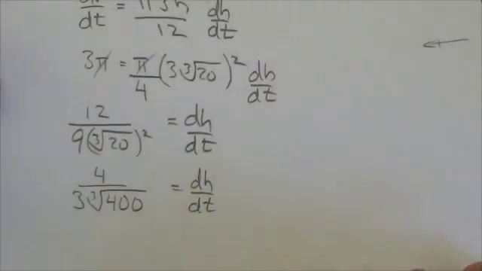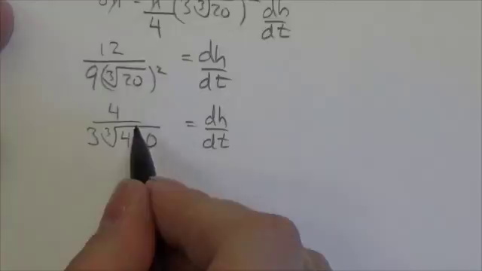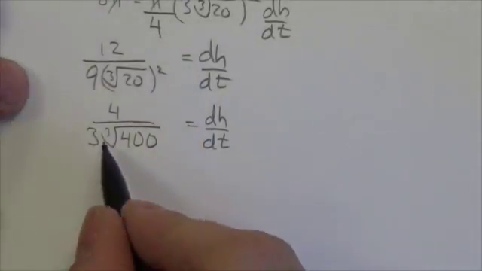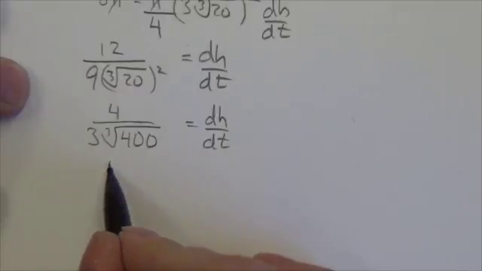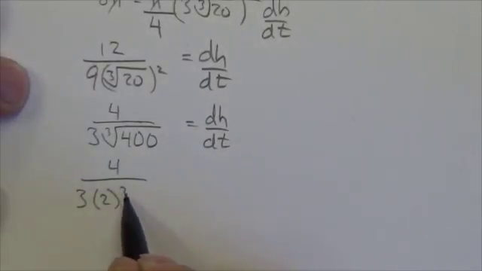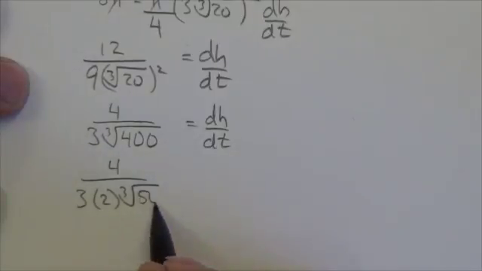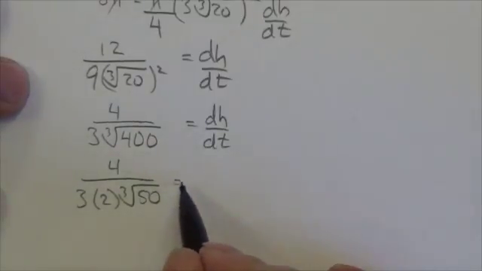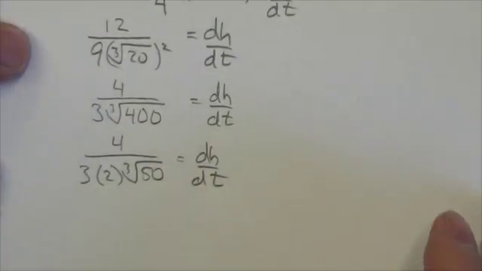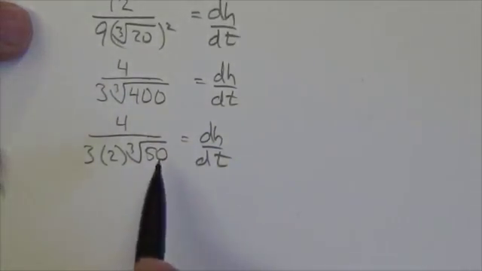We're having all sorts of fun with this one. I can actually simplify the cube root of 400 a little bit. It's not huge, but I can take out a 2 here. So this will be 4 over 3, there's a 2 there, and I end up with the cube root of 50 is equal to dh by dt.